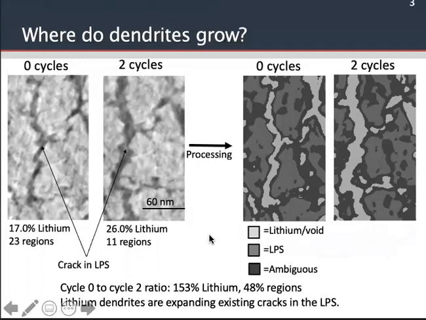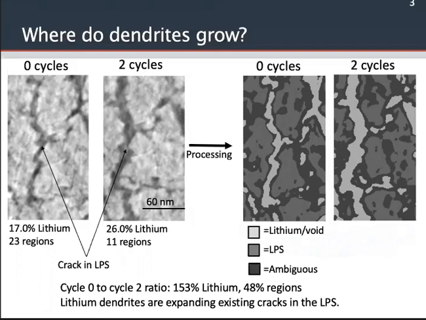If we want to quantify this growth, we used a machine learning process which identified lithium and LPS and made them all one color.